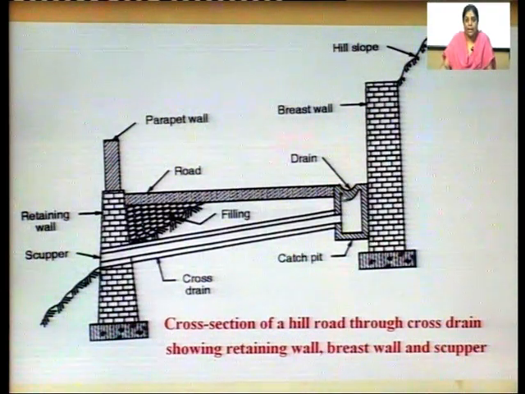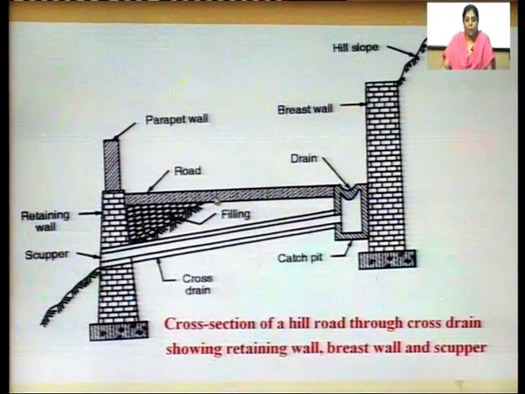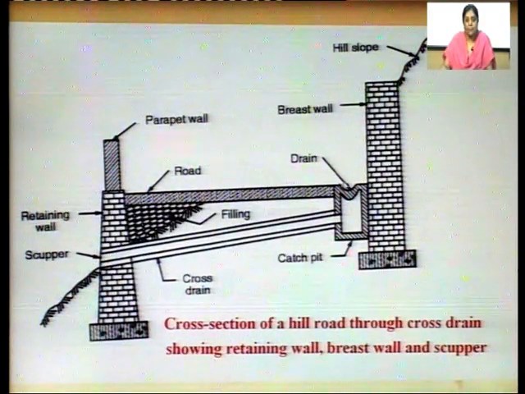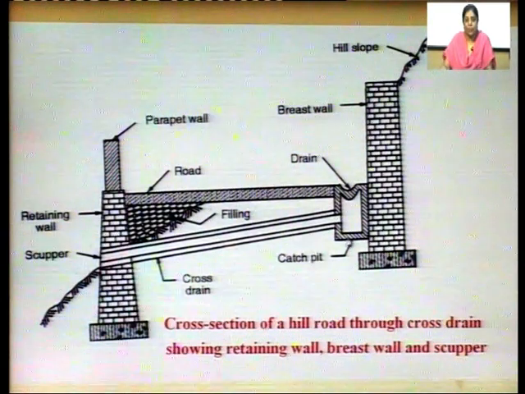This is a side drain. The water from the hill slope will come here through a weep hole, and also the water from the road surface will come here. It will flow here like this. Then there is a catch water pit.